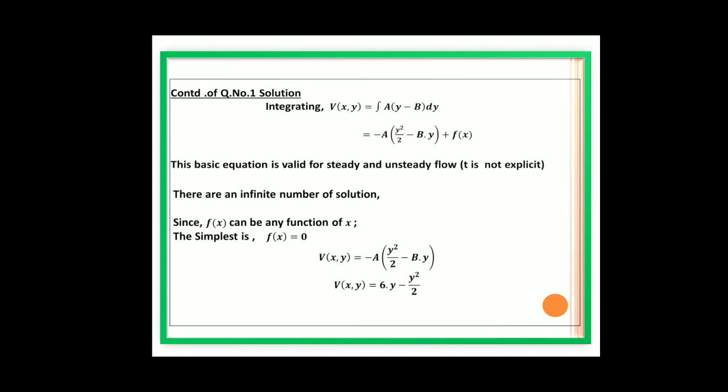The basic equation is valid for steady or unsteady flow, where t is not explicit. There are an infinite number of solutions, since f x can be any function of x. The simplest is f x equal to 0. Then v x y equal to minus a into y square by 2 minus b into y, and v x y equal to 6y minus y square by 2, which is the required solution.